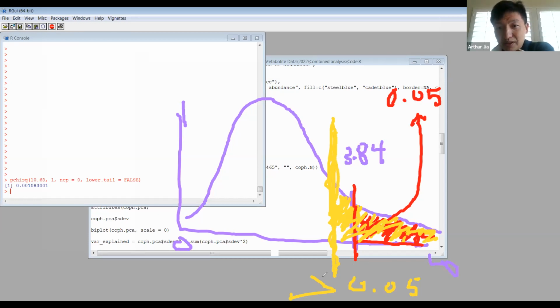This will definitely be greater than 0.05, which means you got a big p-value. You're going to accept the null hypothesis, right?